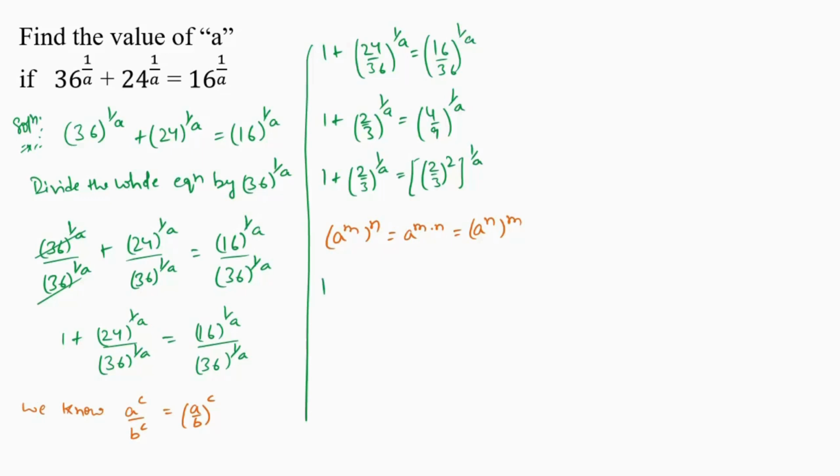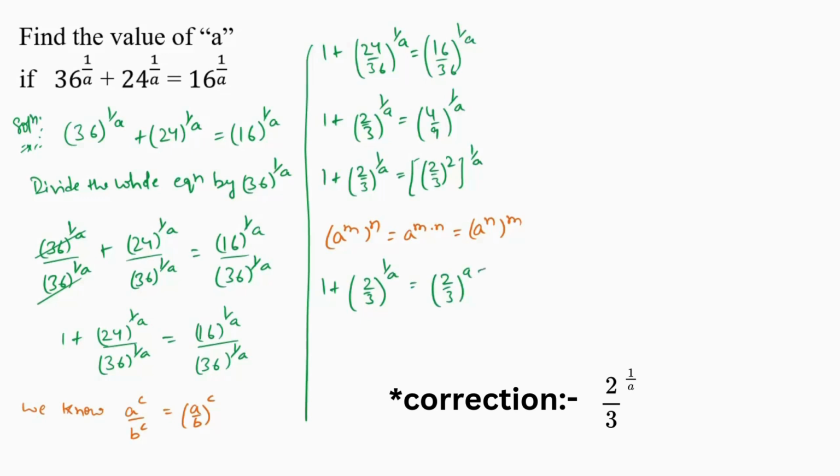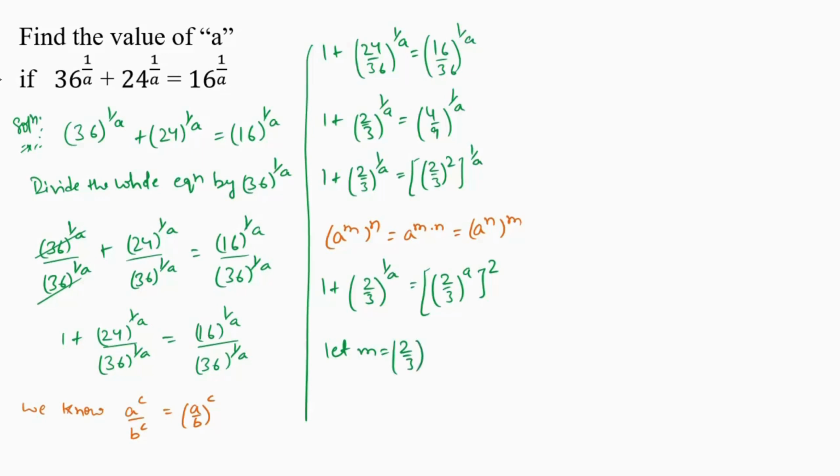So our equation can be written as 1 plus (2 by 3) raised to power 1 by a equals ((2 by 3) raised to power 1 by a) squared. So let m equals (2 by 3) raised to power 1 by a. So our equation will become 1 plus m equals m square.